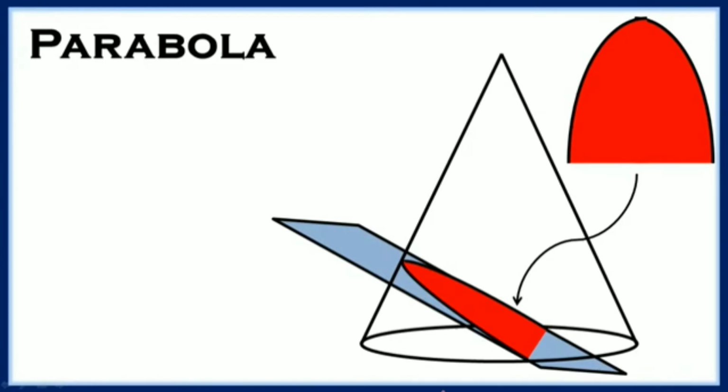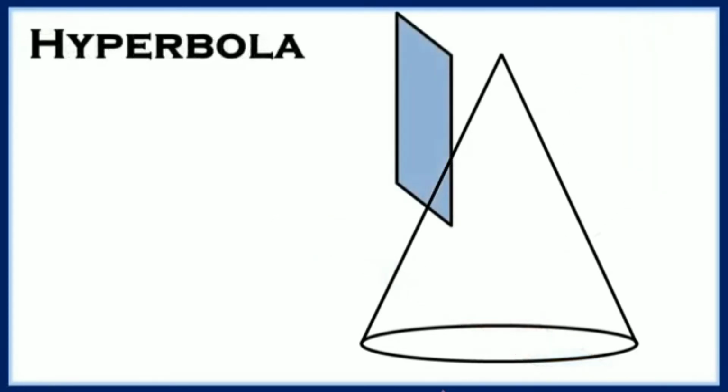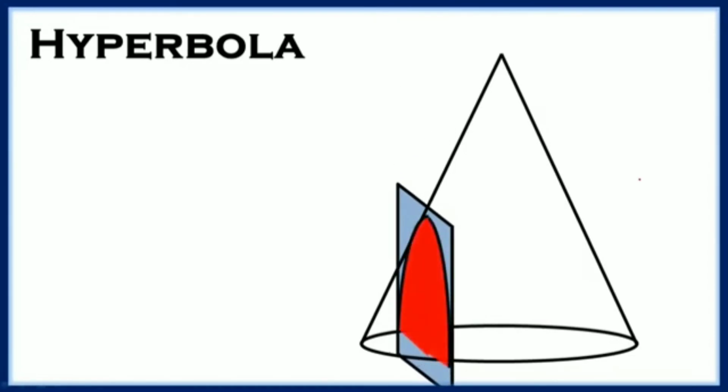That is what we call a parabola. And for our fourth conic section, we have a hyperbola. The property of a hyperbola is that the plane is perpendicular. Pag tinuloy natin ang straight line, it will form a right angle with the base of the cone. As it cuts through the cone, it will form a hyperbola.